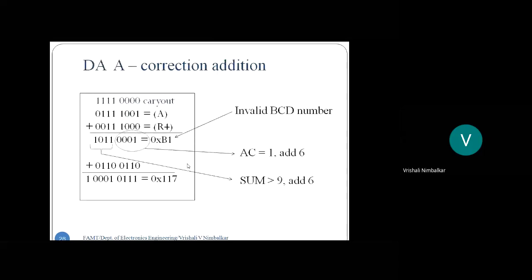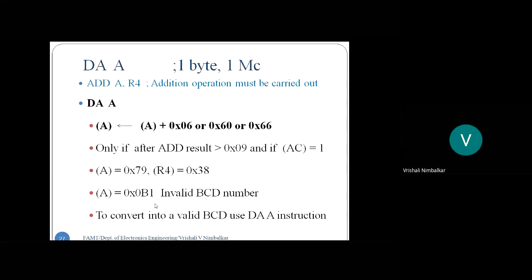That's how your DAA instruction works. Okay. Now, see students, whenever I am writing an instruction, 79 is a BCD number, 38 is a BCD number. But while entering the data, I enter 79 hex, 0x79. I have entered the data as 79 hex. I have entered the data as 38 hex. Correct? I know as a programmer that's not a hex number, that's a BCD number, that's a decimal number.